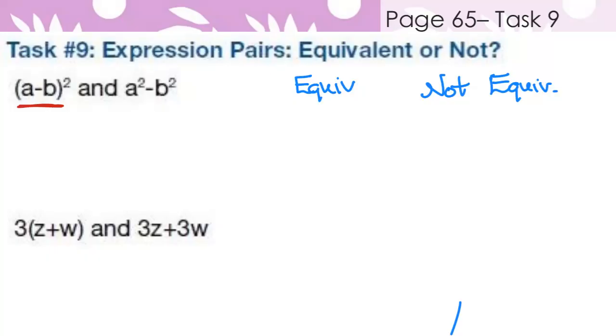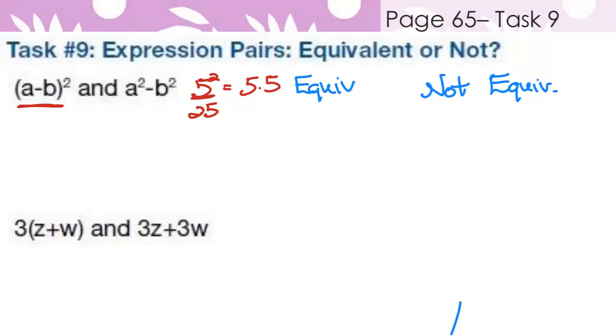In other words, if I have 5 squared, what is the answer? 25. And how did we get 25? 5 times 5, right? So we took our base and multiplied it by itself 2 times. So if I say quantity A minus B, what's my base here?